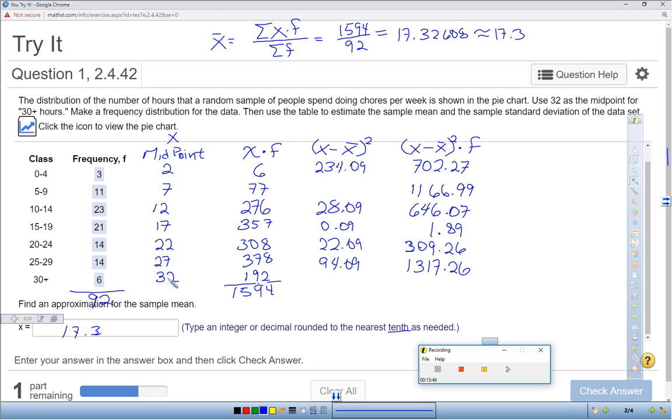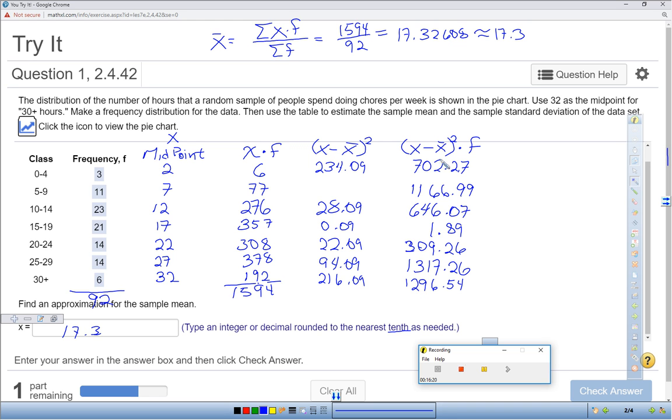The last one is the midpoint 32 minus the mean 17.3, and the difference must be squared. I got 216.09, and multiplied by the frequency 6, I got 1,296.54. I believe it's easier to use an Excel spreadsheet, because it calculates quickly and exactly.